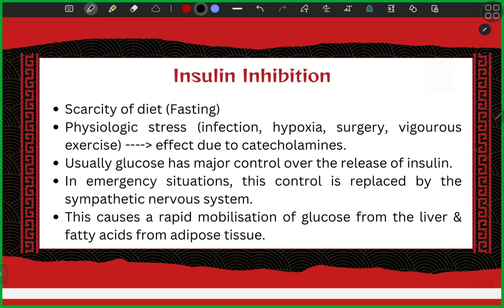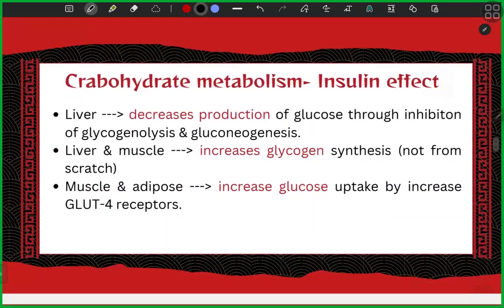I think we took this in the fed-fast cycle, that the first thing that utilizes glucose in our body is the brain. So all of the glucose is going to go to the brain itself, and then the fatty acids are used for other parts of the body. That's why glucose from the liver and fatty acids from adipose tissue, in case there is a scarcity of glucose, right?